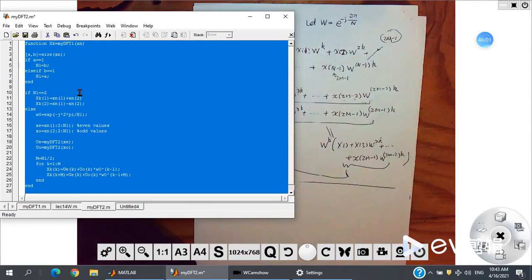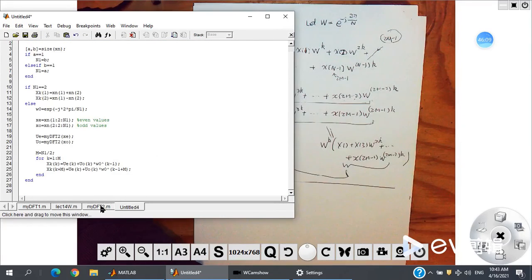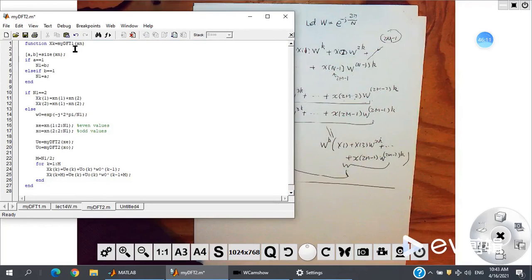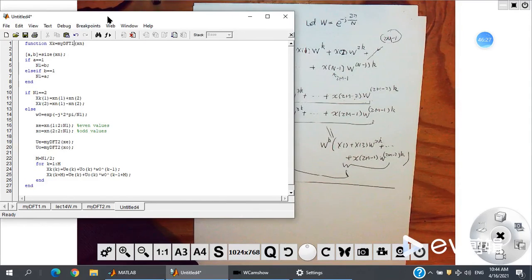Then let me Control R, copy, and put this in here. Why do I need a 2? Because here I use this function itself, right? You see, this is my DFT1, and here I use my DFT1. I can't use it. I need to use DFT2, and in DFT2 I go back to DFT1. Oh no, sorry, I confused.